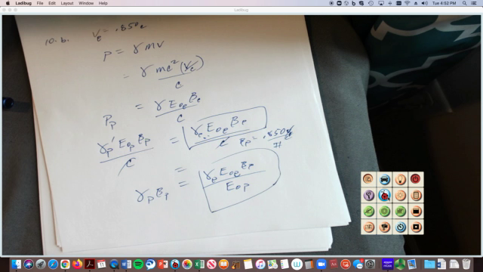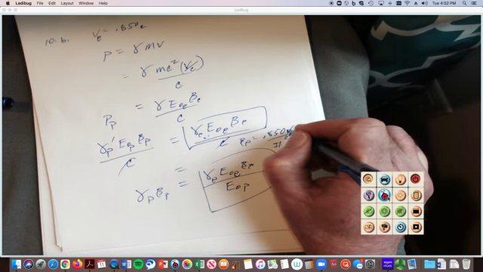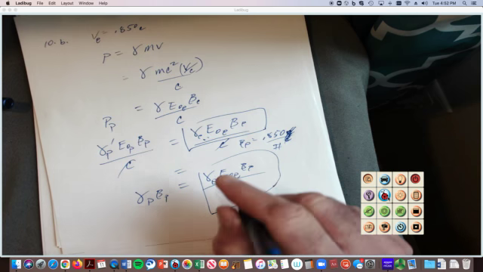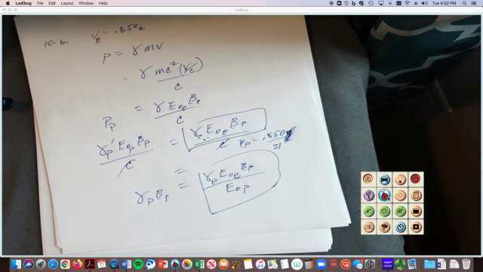It's just a number, it's the 0.85, because that v is this times c, and then it's over c, so the c's cancel. So it's just good old 0.85. So you've got everything you need.